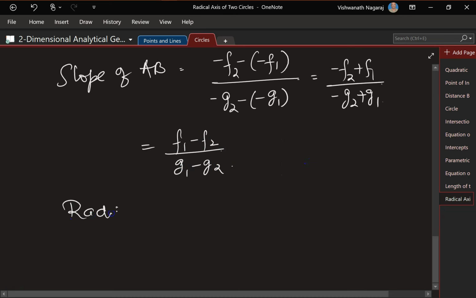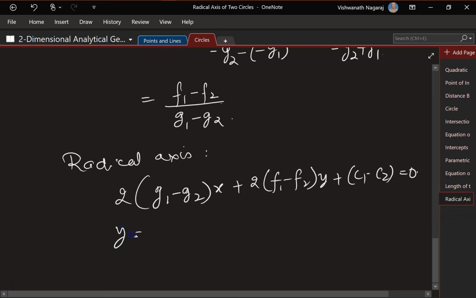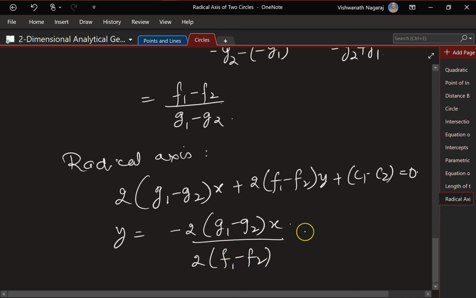So the radical axis is 2(g1 minus g2)x plus 2(f1 minus f2)y plus c1 minus c2 equal to 0. Now let's rearrange it. So y equals minus 2(g1 minus g2)x by 2(f1 minus f2), and before that we would have taken c1 minus c2 to the other side.